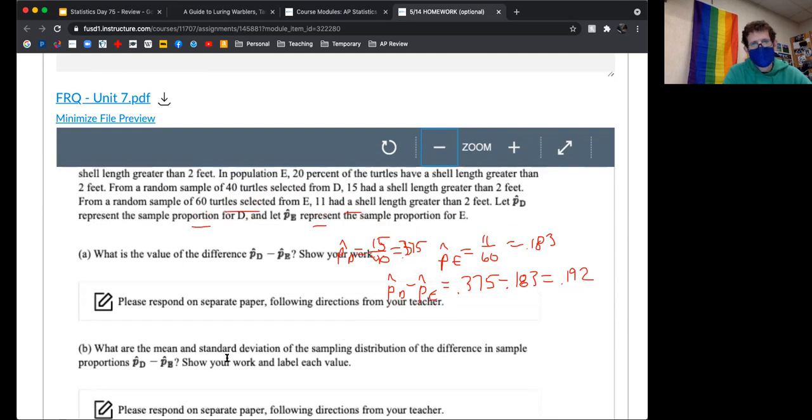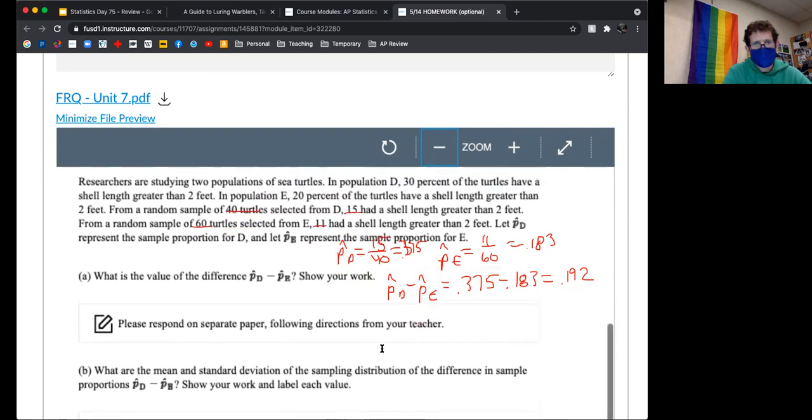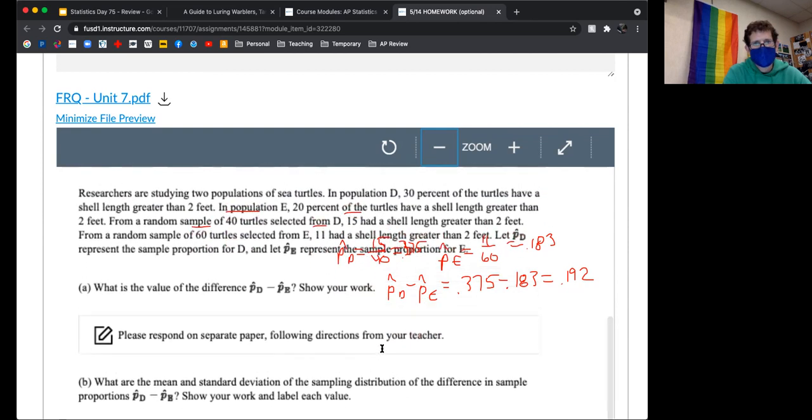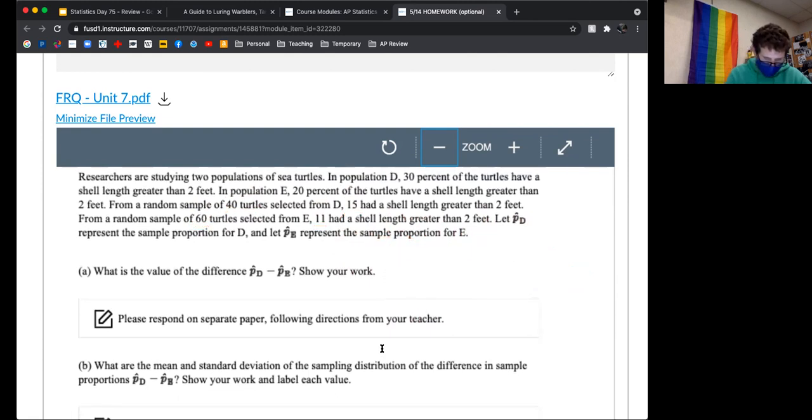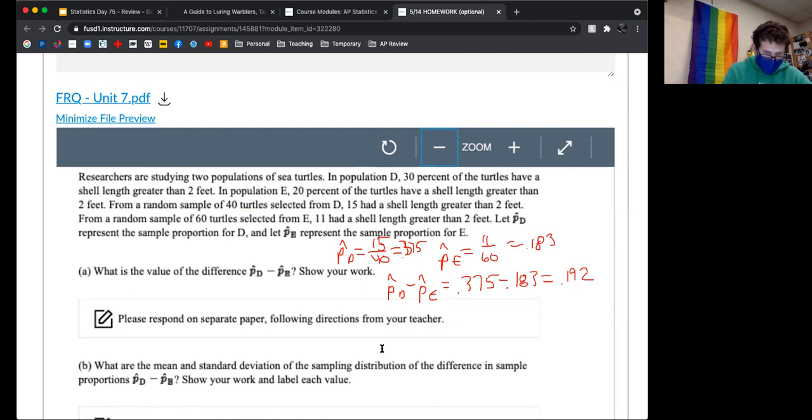So the mean and standard deviation of the sampling distribution of the difference in sample proportions. Let me go ahead and erase a little bit. This is one where it tells us that we have a population number to work with.